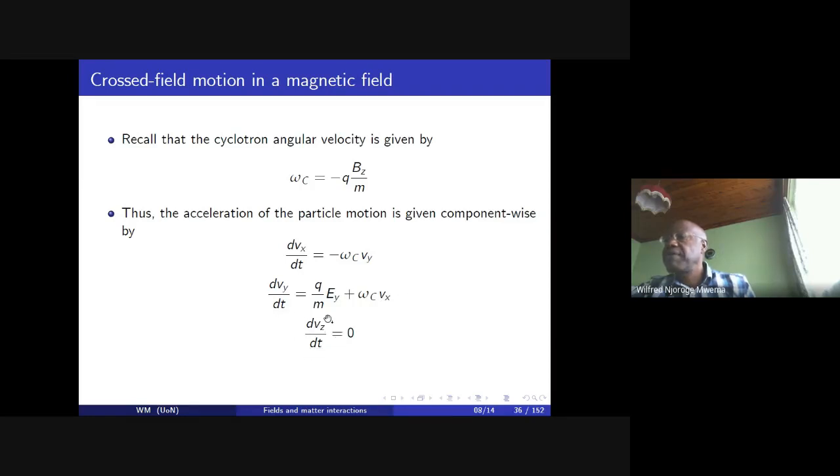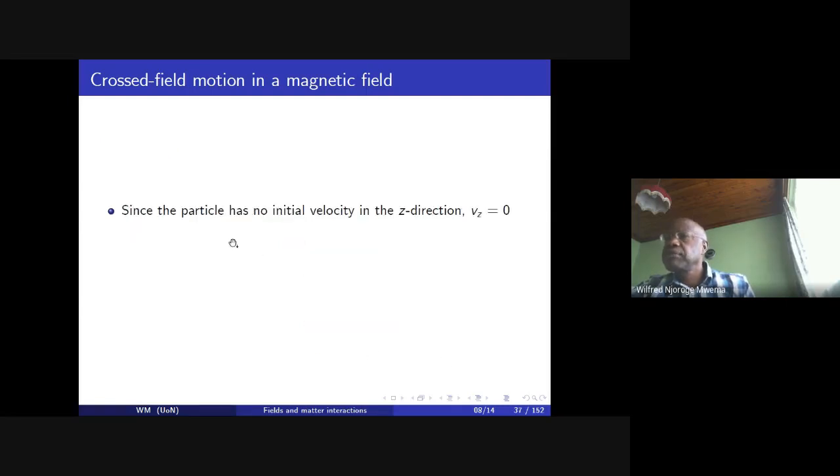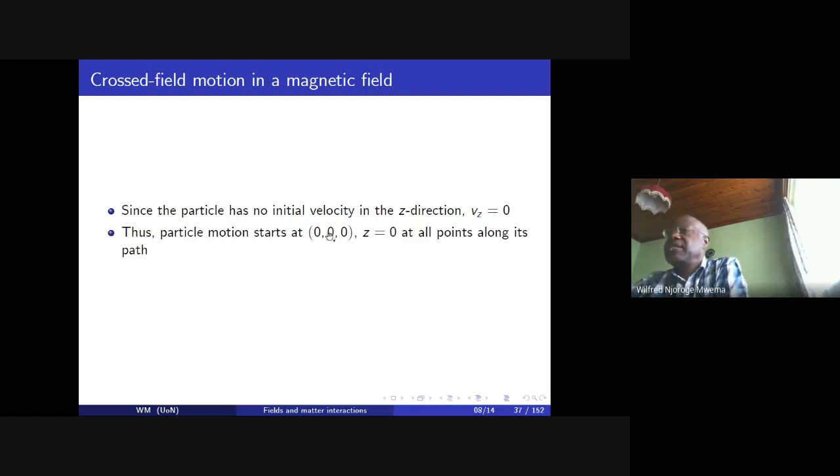That is, the particle cannot be moving in the direction of the magnetic field, it can just be made to rotate. So since the particle has no initial velocity in the z direction, then Vz is equal to 0. Thus, particle motion will start at 0, 0, 0, that is at the origin, with z remaining 0 at all points along its path.